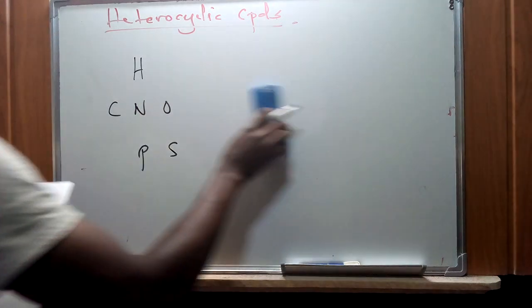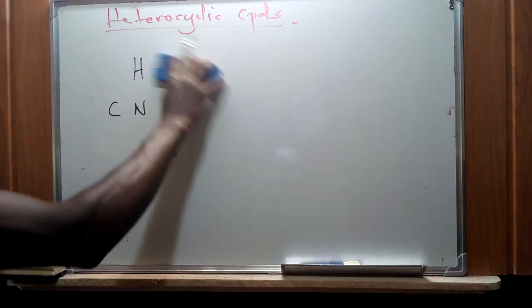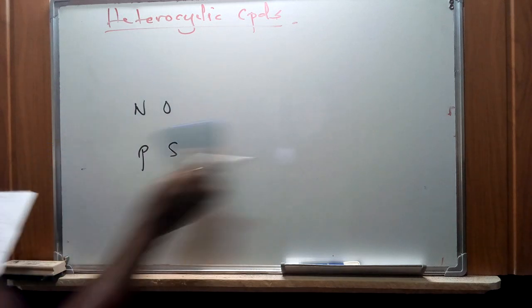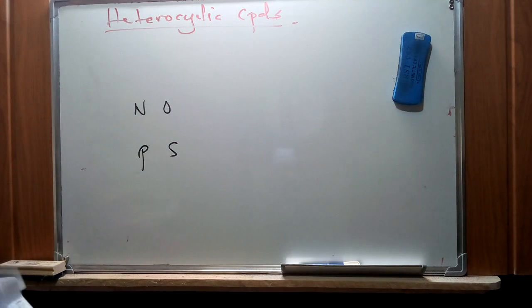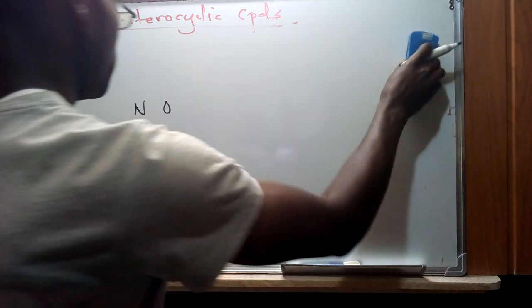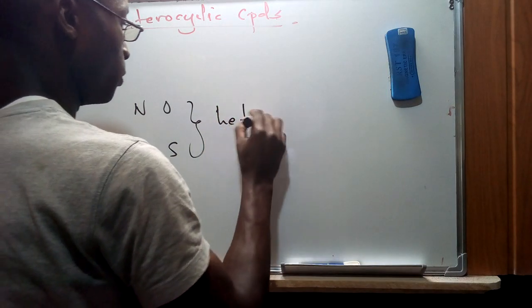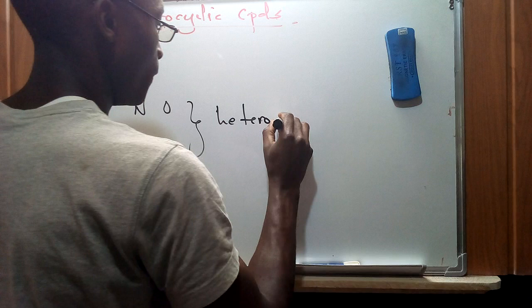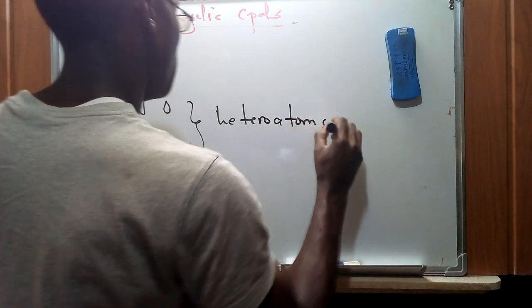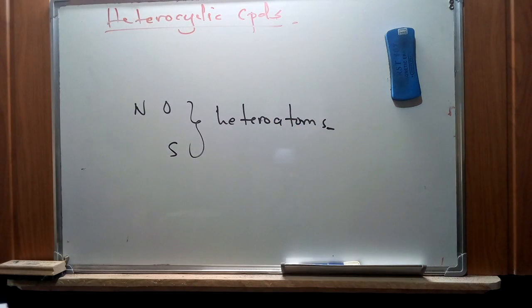Basically nitrogen, oxygen, sulfur, and phosphorus form what we commonly refer to as heteroatoms that we're going to encounter in some of our illustrations.